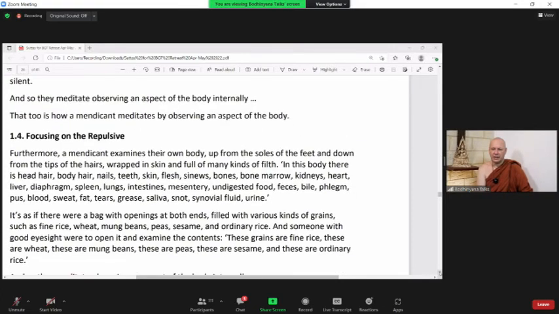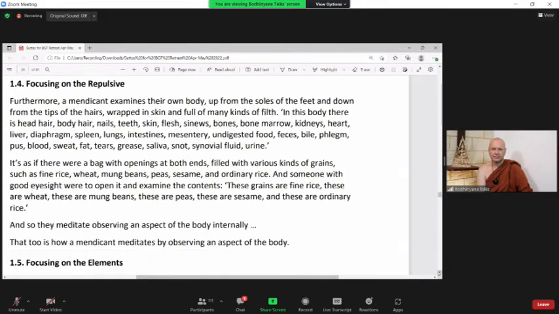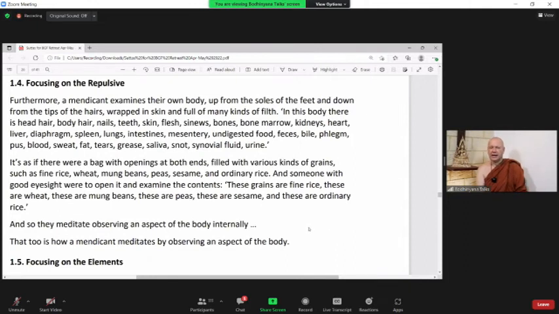Now we come to the focusing on the repulsive. This is the 31 parts of the body. And this, again, we have been through already, so I will not say too much, but because this is a critical part of Satipatthana, as I said, this is probably the earliest part of Satipatthana, the one that goes back to the time of the Buddha, very, very likely.